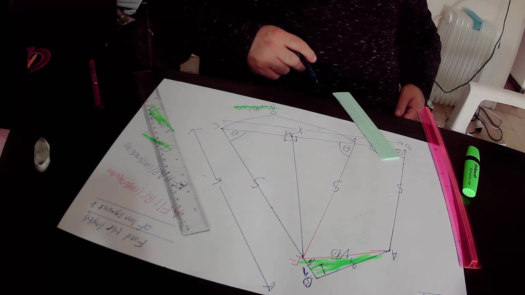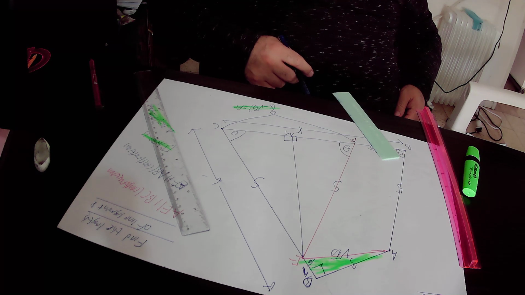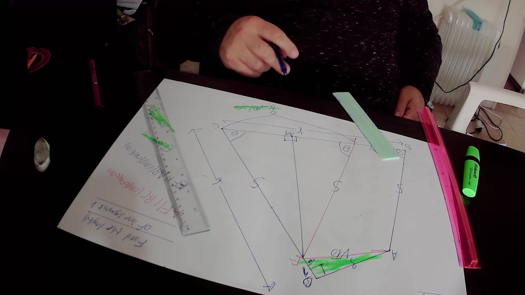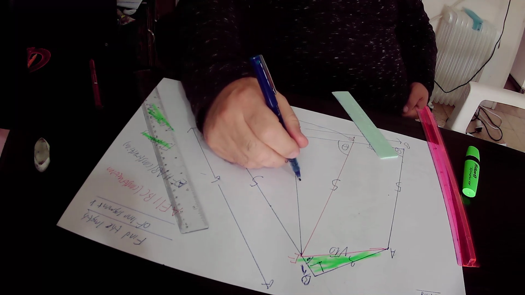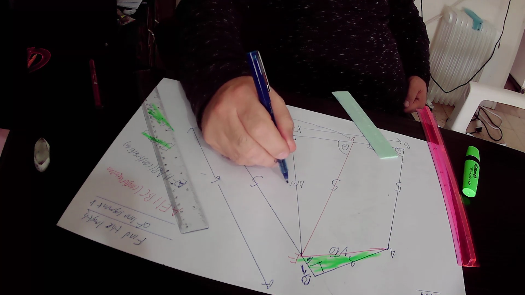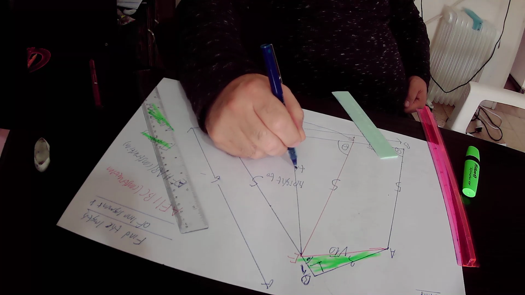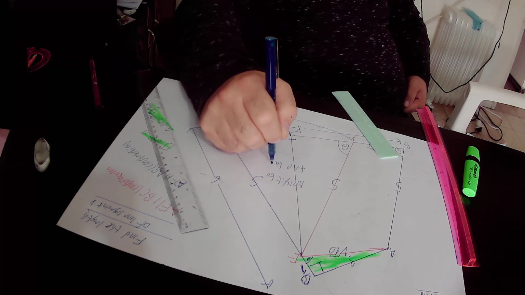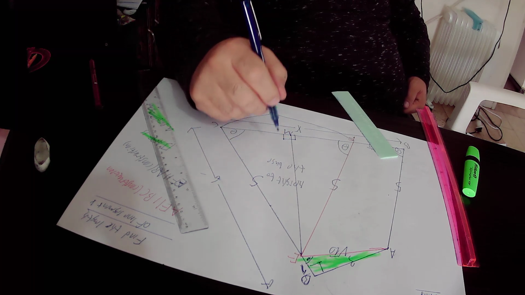So, what is the definition of EM? EM is perpendicular to FC, and this is exactly the definition of height. So EM is the height to the base FC.